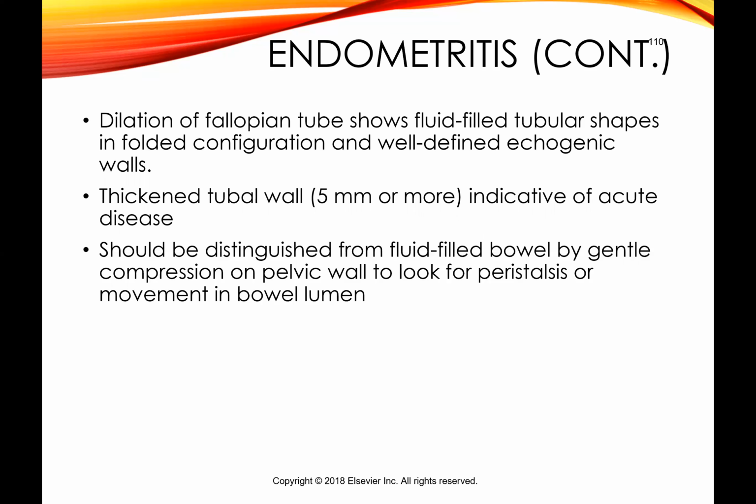So a hydrosalpinx looks like a fluid-filled tube, basically, and it can be curvy and not just straight like a vessel. And when you see a hydrosalpinx, it's either chronic or acute pelvic inflammatory disorder, kind of depends.